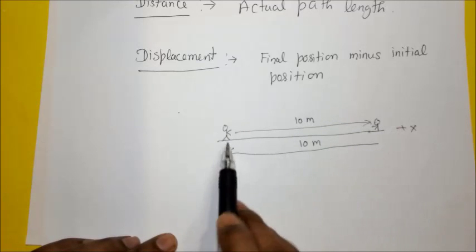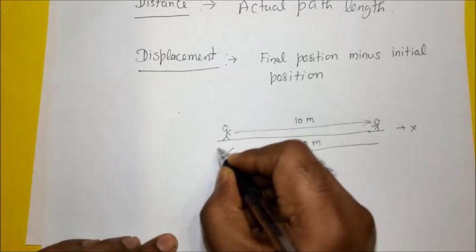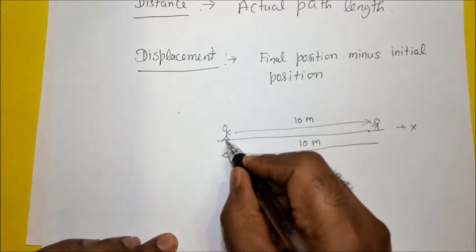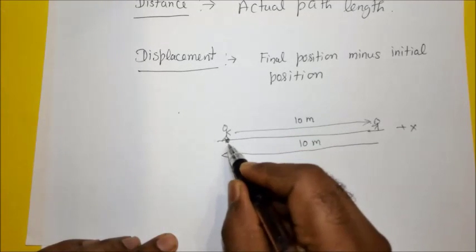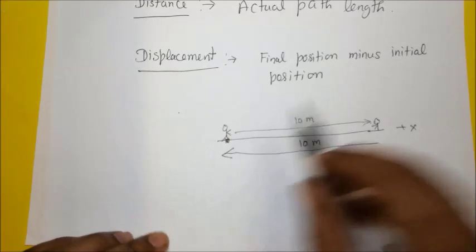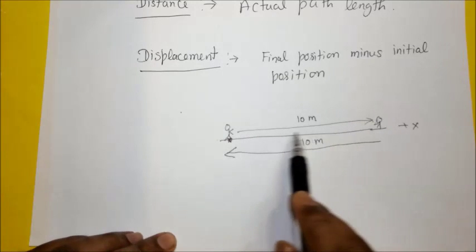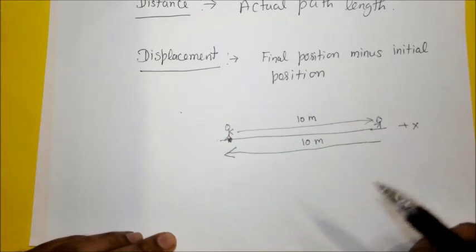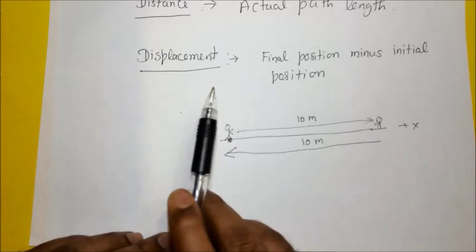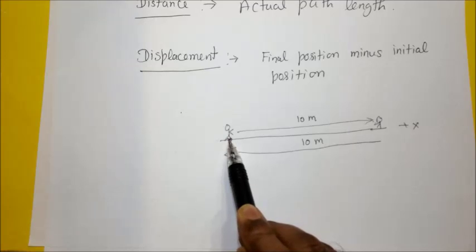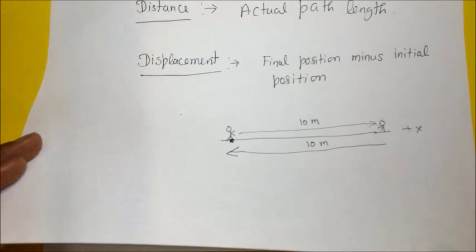Going 10 meters this way, coming back 10 meters this way is 20 meters. And what is displacement? Your initial position is this, your final position is the same place, so your displacement is 0. Alright.